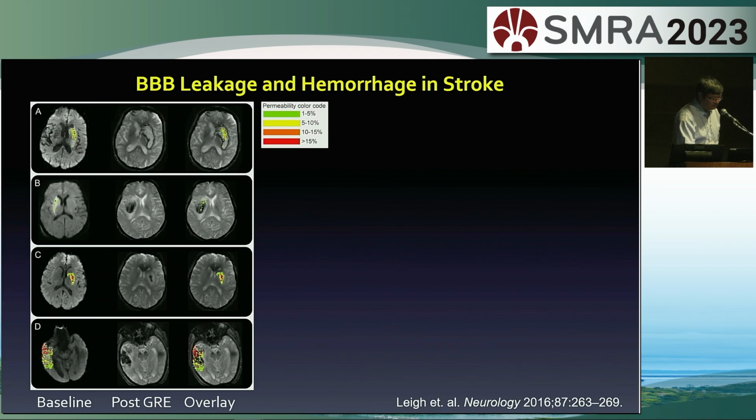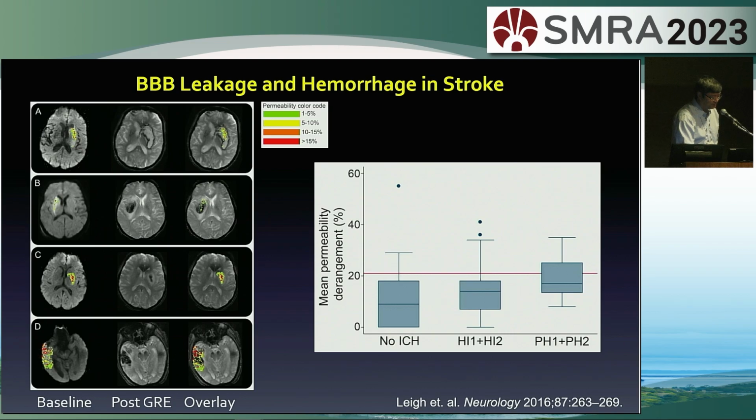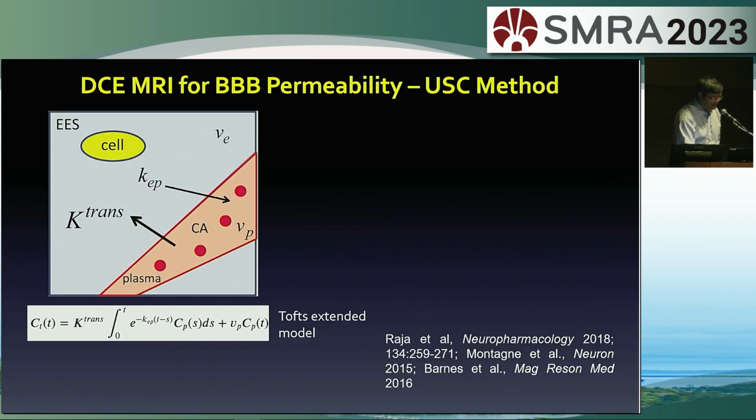As shown in this study by Richard Lee, in acute stroke, permeability increase was related to hemorrhagic transformation, and the higher permeability is a more severe form of parenchymal hematoma.